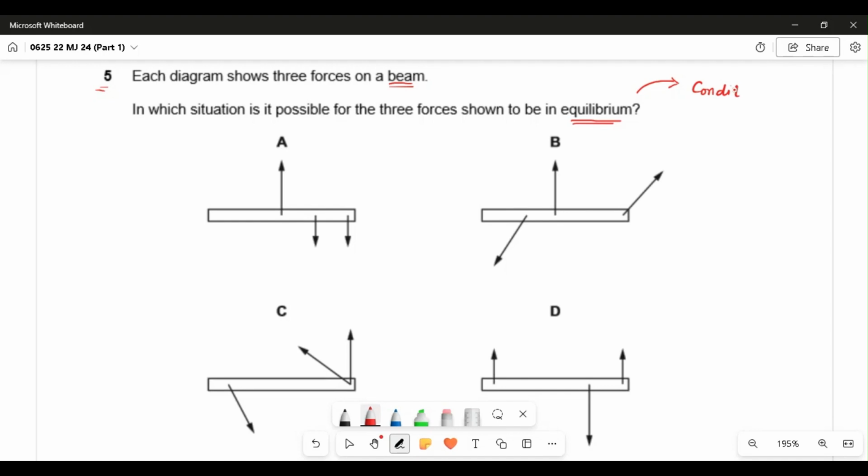Those two conditions are: the sum of all the forces, or you can say the resultant force, is zero. Resultant force is always equal to zero. What does it mean?